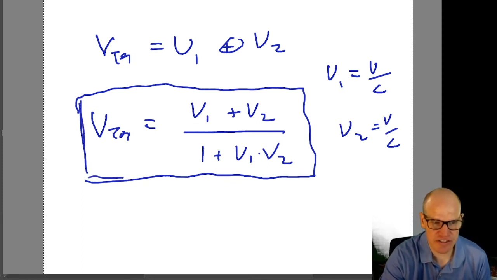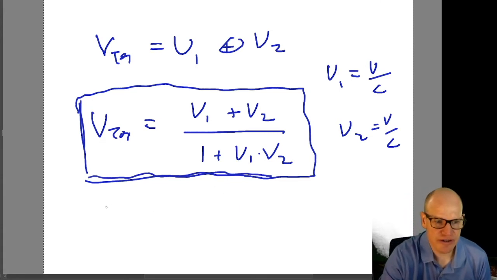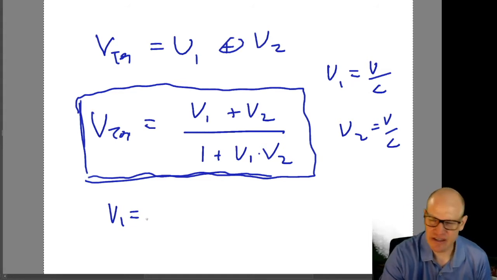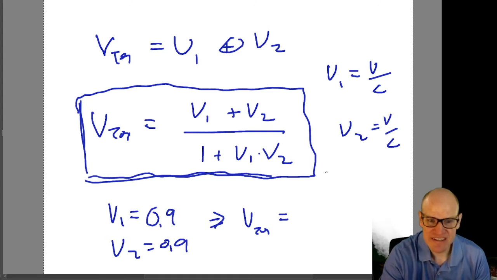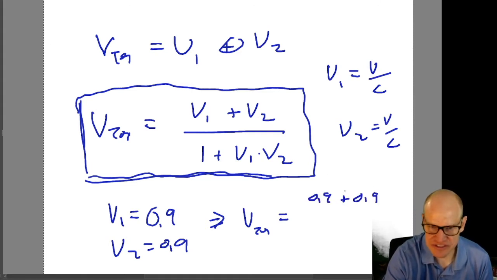Okay, so this is the velocity addition formula. And let's take an example of how this would work. Going back to that baseball thing that we had, I'm going to change the speeds a little bit. Let's say that V1 is 0.9 c, so 0.9, and V2 is also 0.9. Then if I add it using this formula, I'm going to get V total equal to 0.9 plus 0.9. These are all measured relative to c.